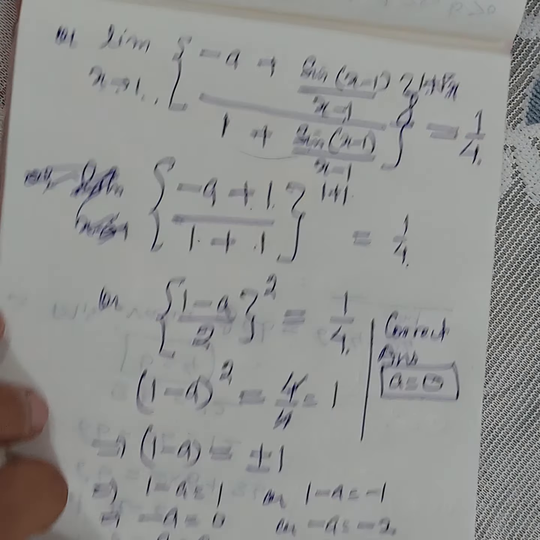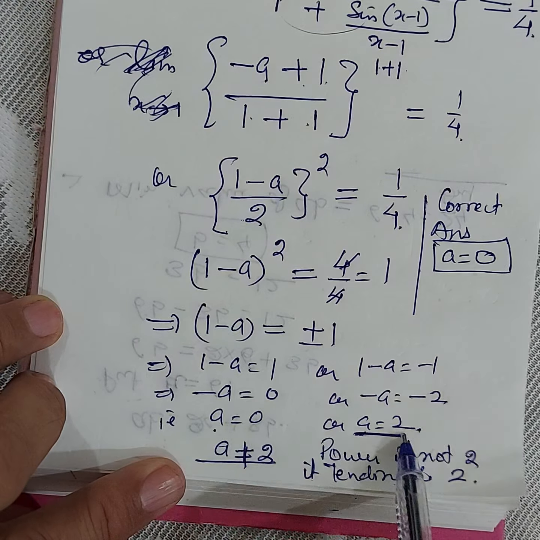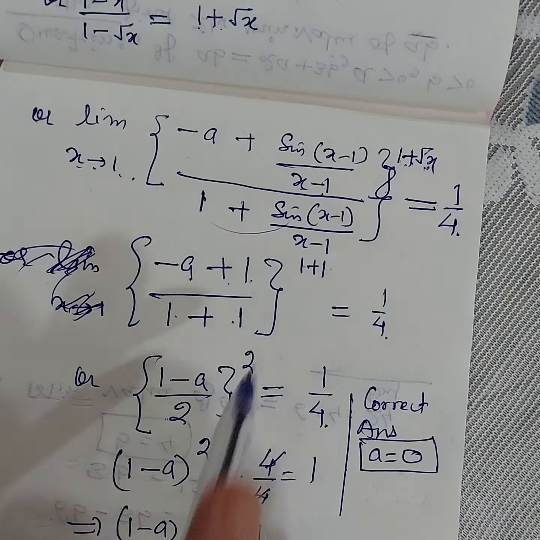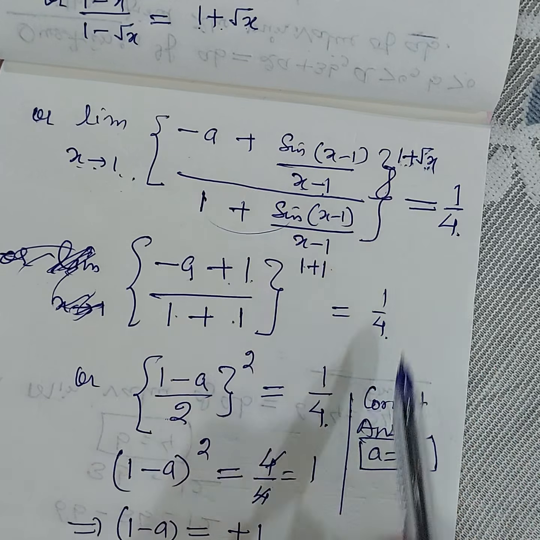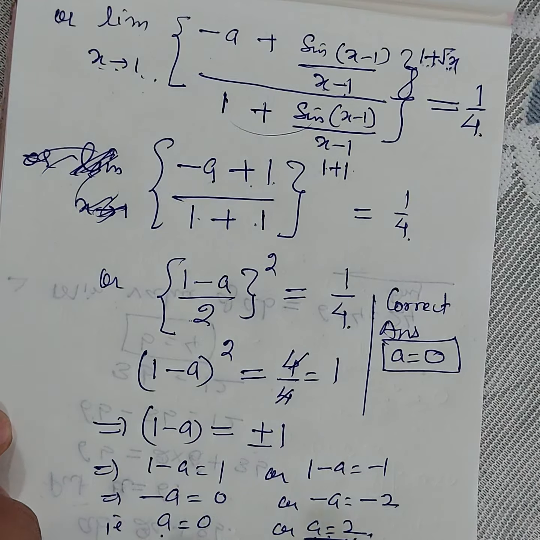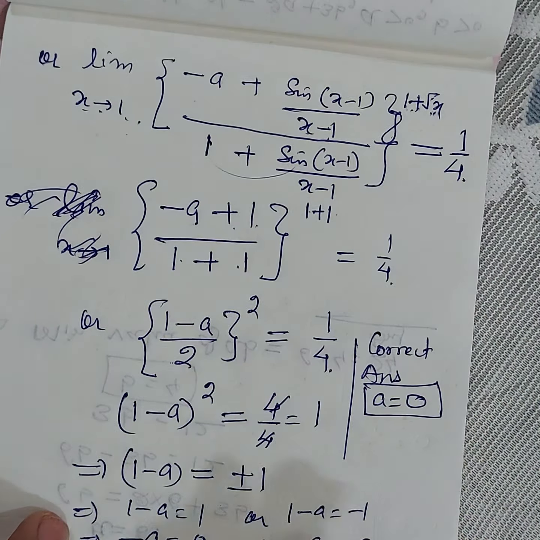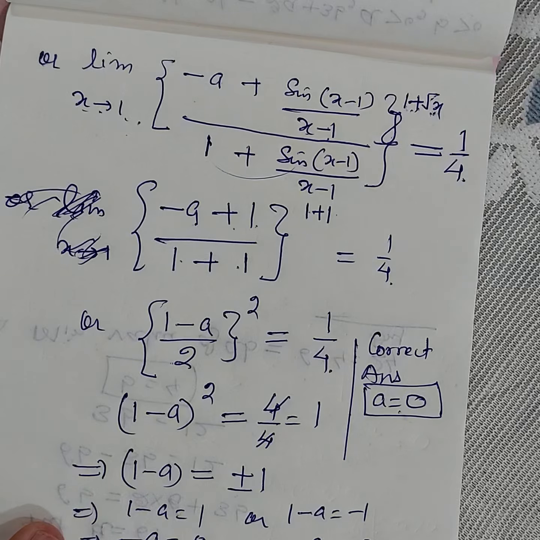If we compare the two values, 0 and 2, the largest is 2, but 2 is not the answer, because x is approaching 1 and the power is 1 plus some fraction. So the power is not 2, it is tending to 2. So this will only be possible if the value of a is 0.